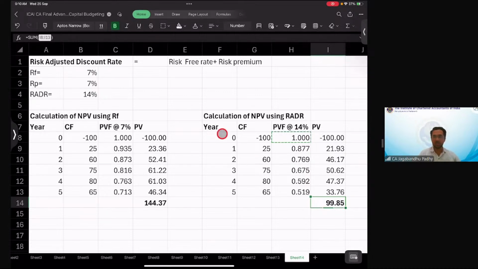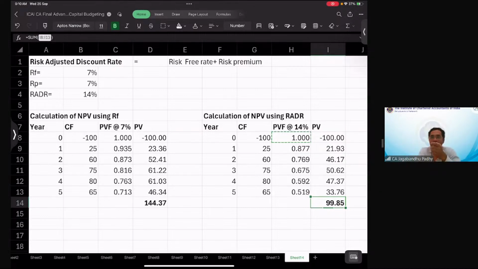Are we clear? What is this risk adjusted discount rate and how do we get the NPV using risk adjusted discount rate? Correct? Right, guys? Clear? Simple?